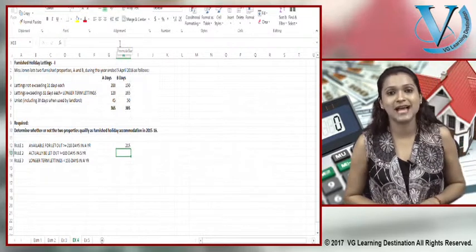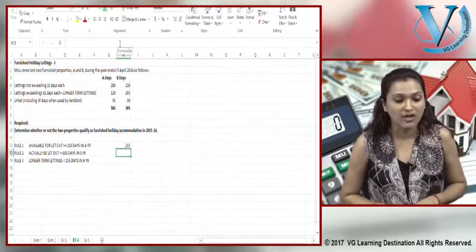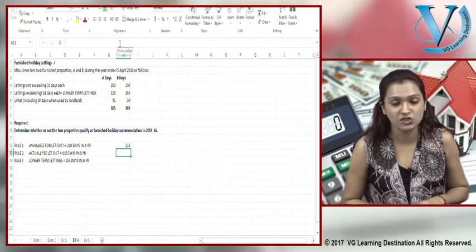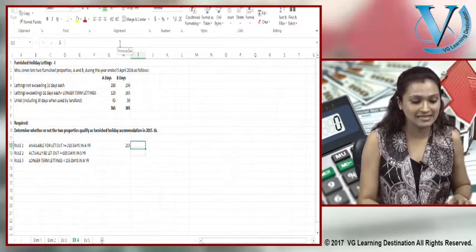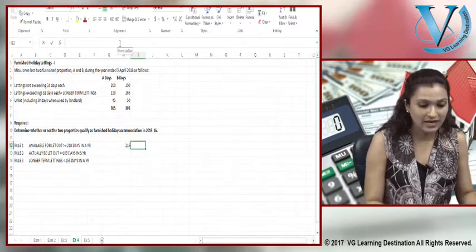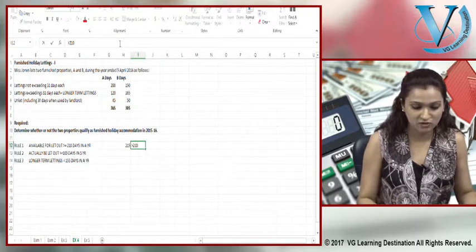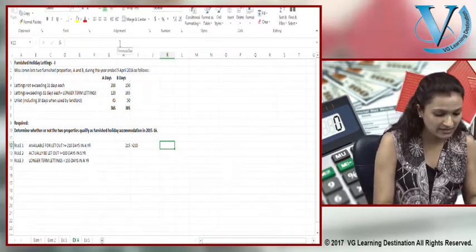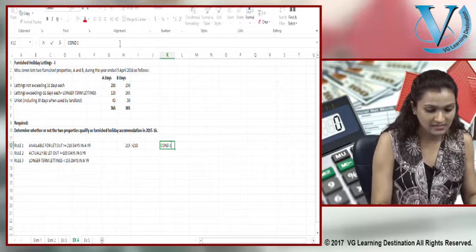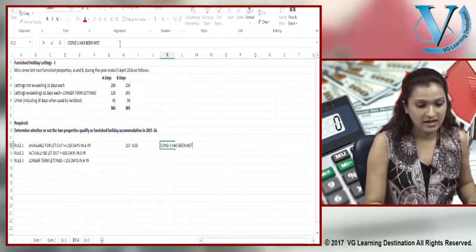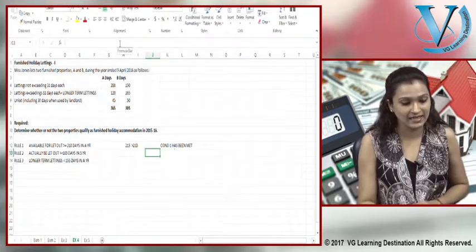So this property was actually available to be let out for 215 days during the year. The rule says that it should be available for let out at least 210 days. So definitely rule 1, condition 1 has been met. Now let's move on to the next criteria.